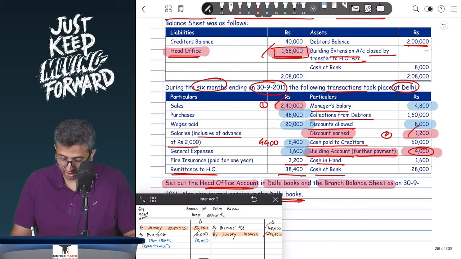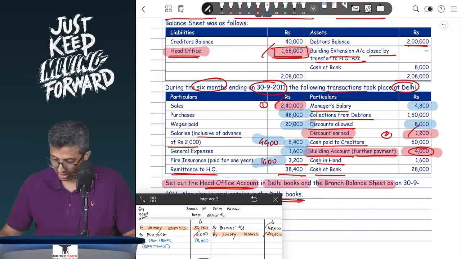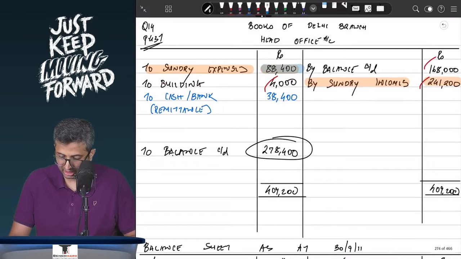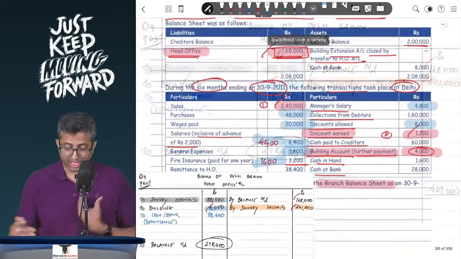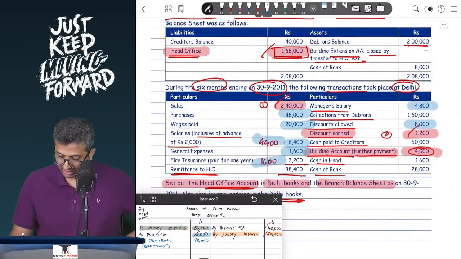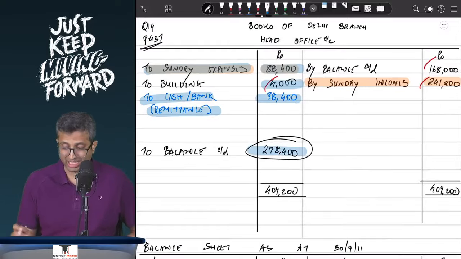Insurance paid for 1 year, so maybe for 6 months this will be 1,600. So if I take all of these totals that I've highlighted in blue, 48 plus 20 plus 4,400 plus 1,600 plus 1,600 plus 4,800 plus 8,000, I think 88,400. This is sundry expenses, all the expenses included. And other than that, between the HO and the branch, there is some cash remittance to the HO. This will reduce the HO balance, and hence the remaining 2,78,400 will be the HO balance.